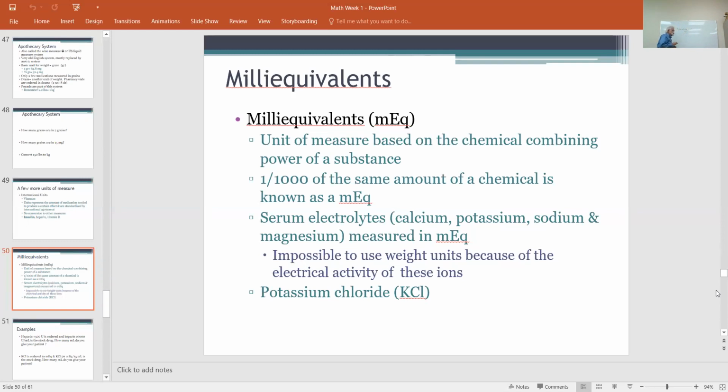There is no officially accepted abbreviation, although a lot of people will write IU, or a lot of people will write U. Unfortunately, that can look too much like the Roman numeral 2 in small letters if it's written sloppily. So hospitals and other organizations have banned the use of anything but the word unit when you're describing this.